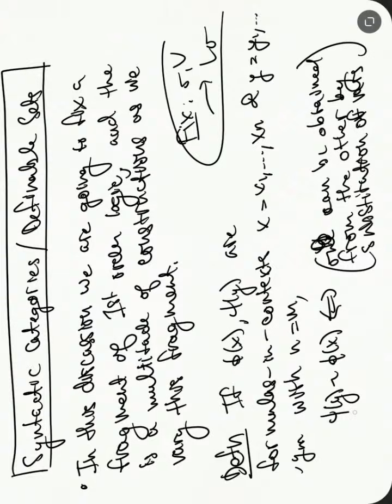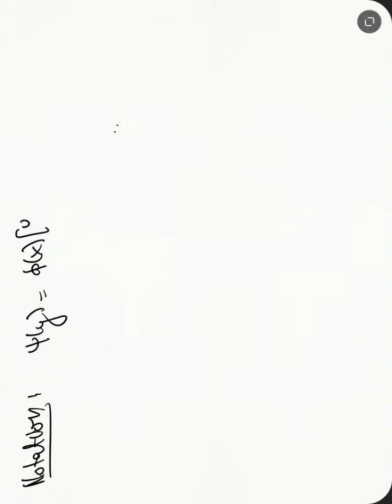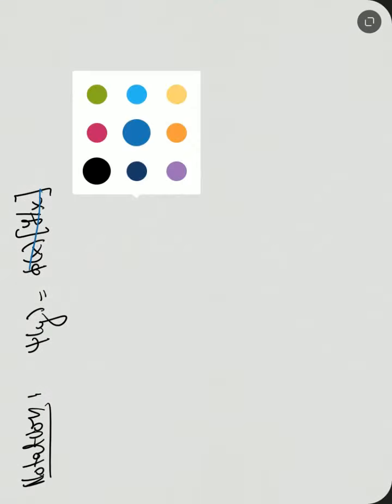Let me give a little notation for this. What we mean is that psi of y is equal to phi of x with the x's replaced by y's. So these things are kind of supposed to cancel, and this means replace the x's in phi of x with y's.